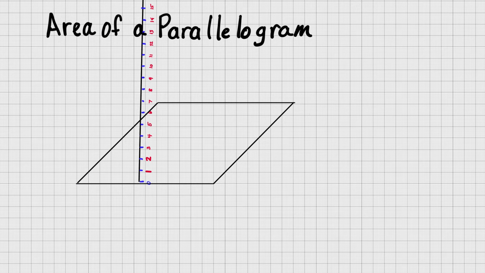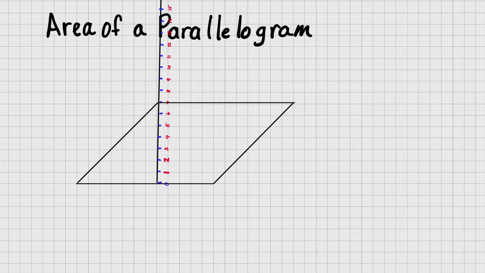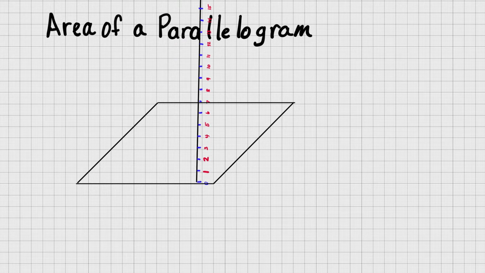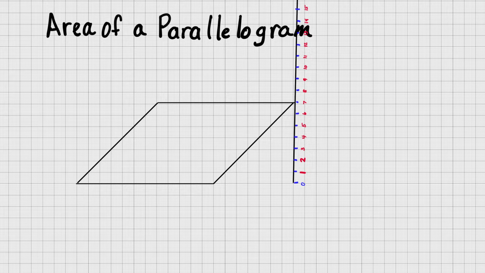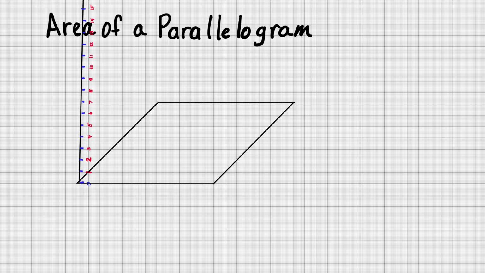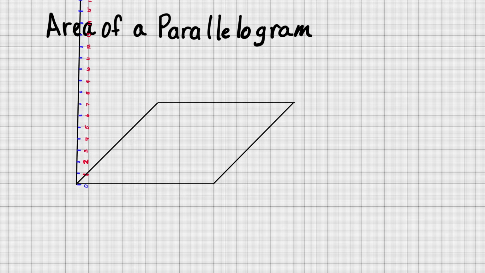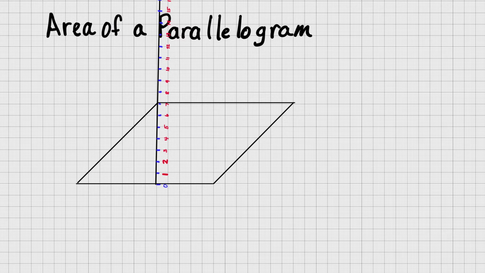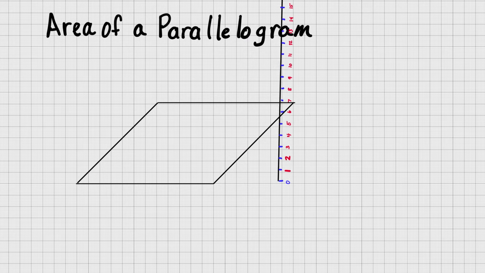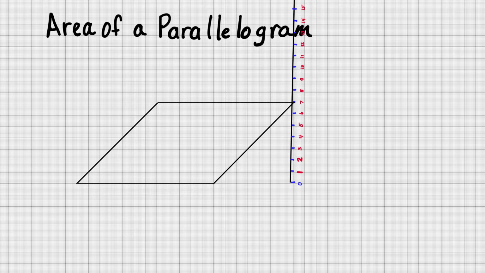In order to measure it, you've got to keep the 90 degree angles, which is right here, like this little square, and that is where you measure the height. You might have the height in a corner, you might have it towards the end. You know that the measurement will be exactly the same. So the height for this parallelogram is 7 units.